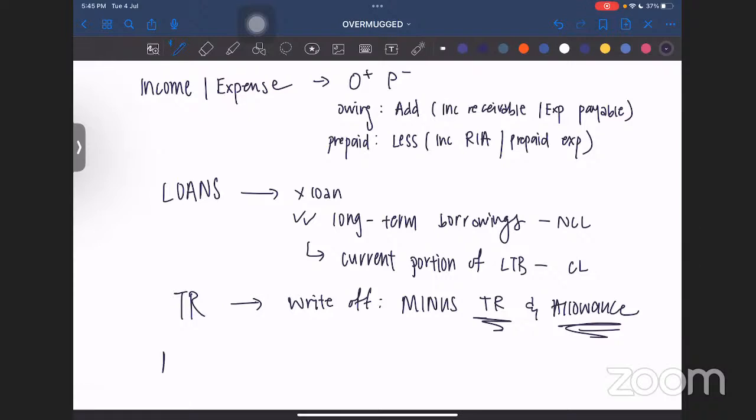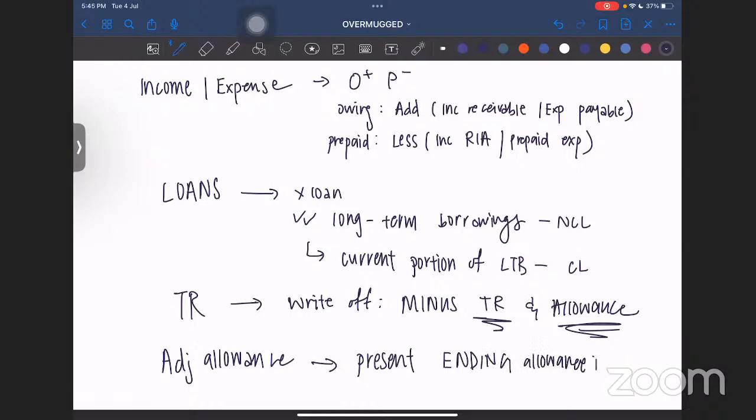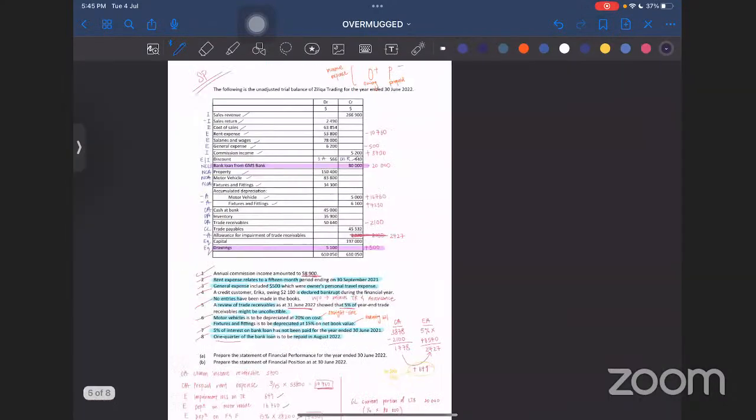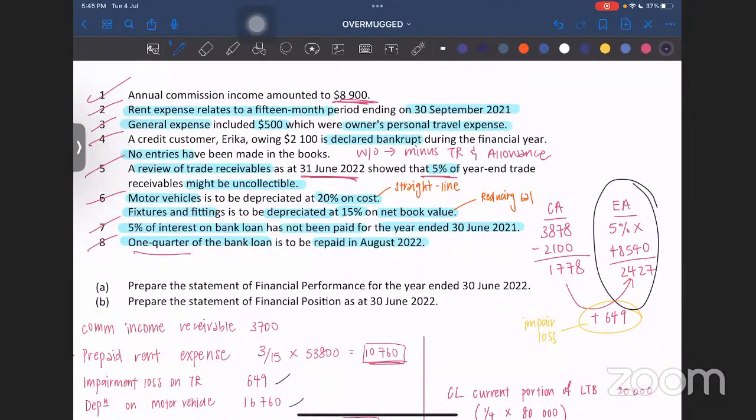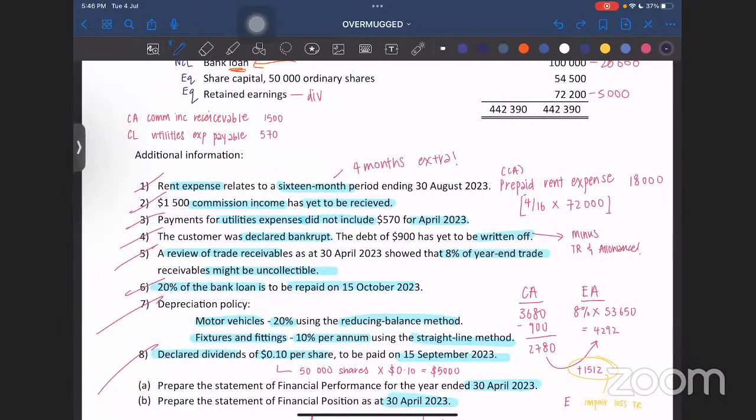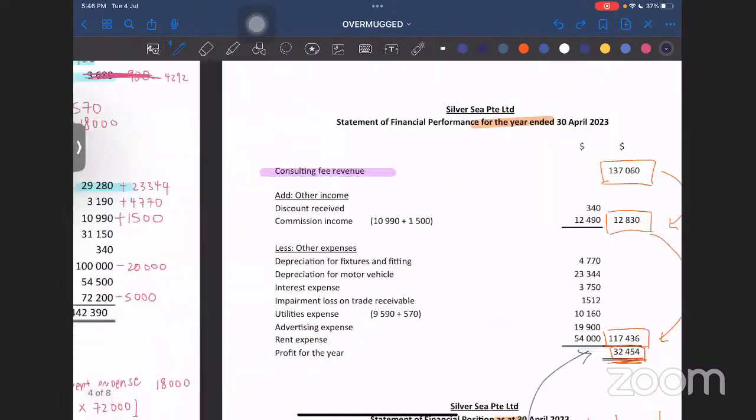Then when you are adjusting your allowance for impairment of trade receivable, I will always have to present the ending allowance in your FS, in your statement of financial position. I will always take the ending, the EA amount, which is this one. I will always take ending allowance. Same for here. I'm only interested in the ending allowance.